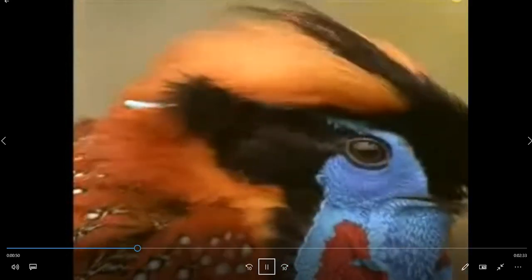Another pheasant, Temminck's Tragapan. His costume jewelry is even more elaborate. And if you've got it, why not flaunt it?